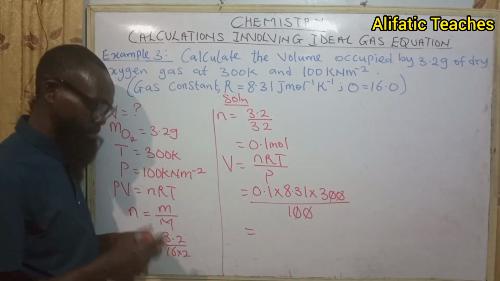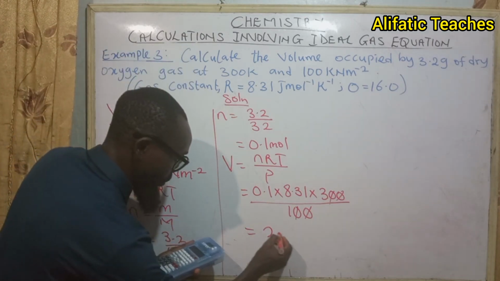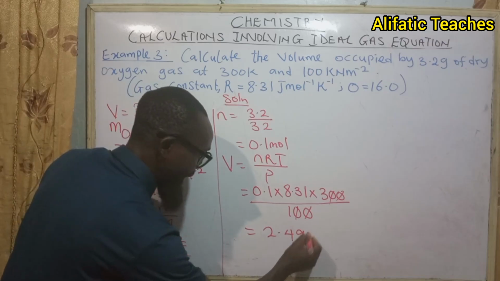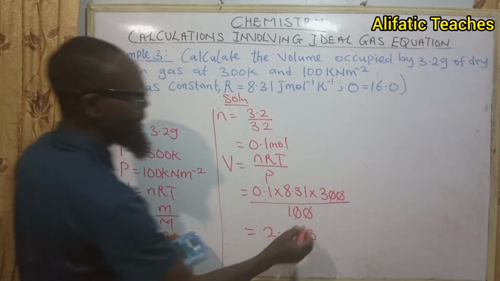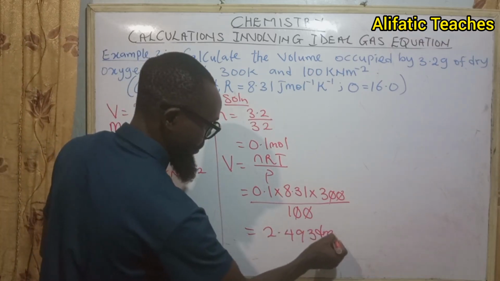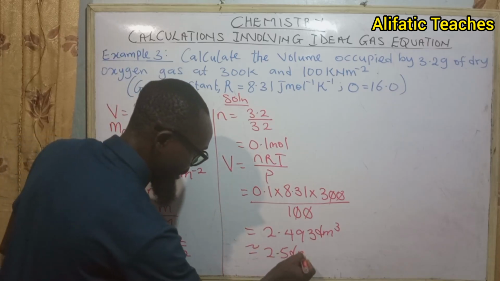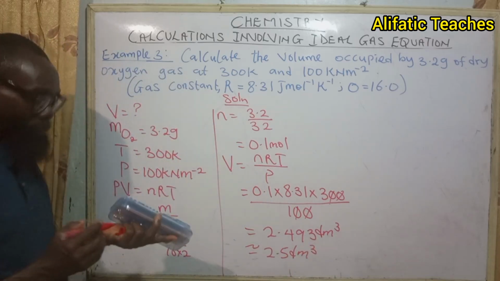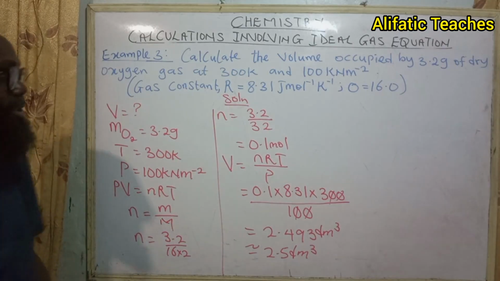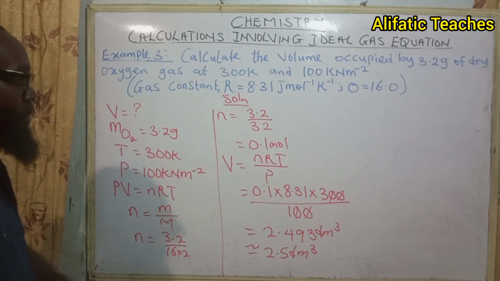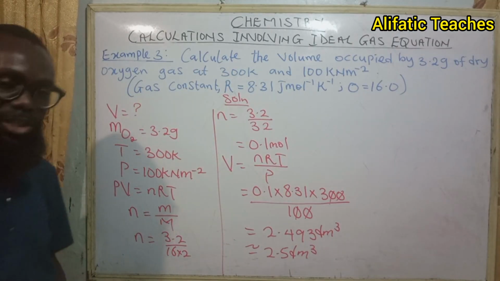What do we have? So we have 2.493 in decimeter cube now. So approximately 2.5 decimeter cube. So the volume given to us that we get now is 2.5 decimeter cube.